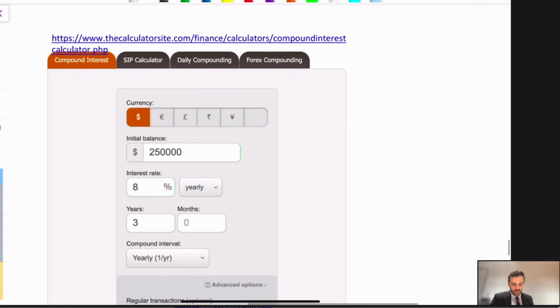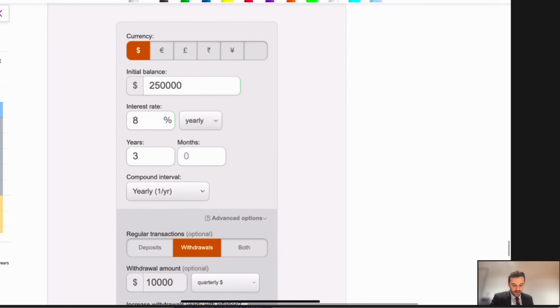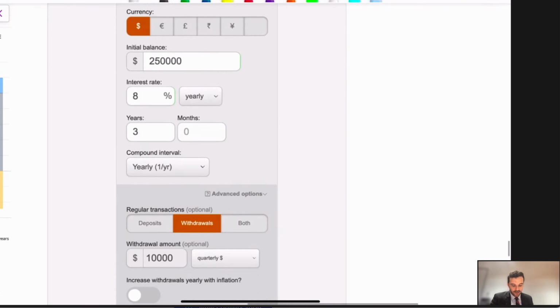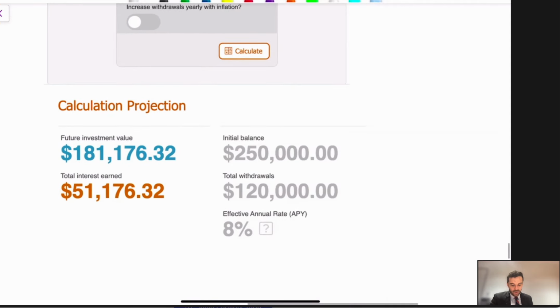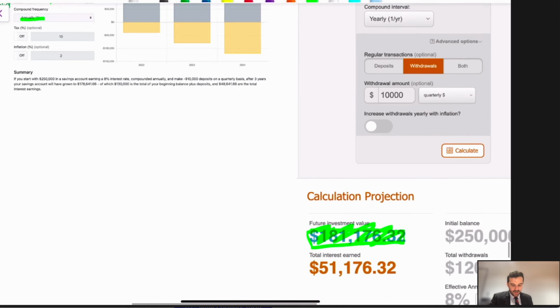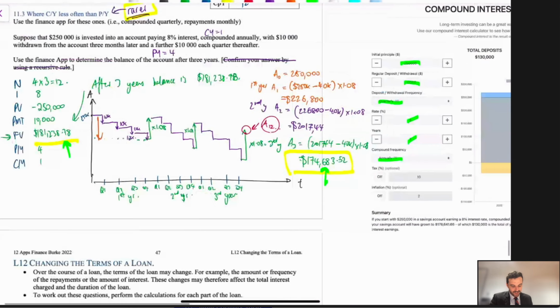Another one, which is from the calculator site, $250,000, 8% 3 years, compound yearly, and then 10K quarterly, and the amount we get is 181,176.32. So which one is correct? I'm not really sure.